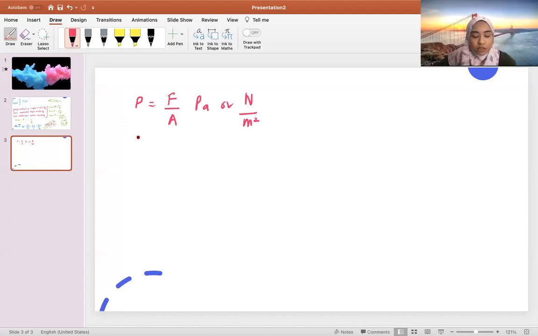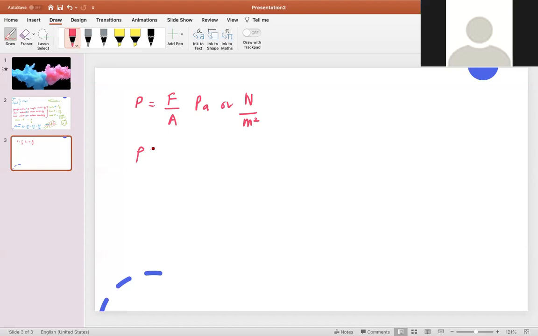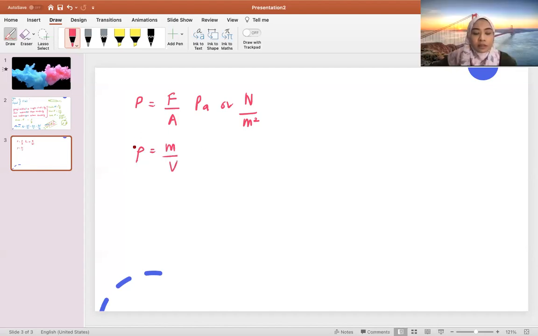What is the equation for density? Rho is equal to M over volume, mass over volume, and the unit is kilogram over meter cube. Okay, what else? The difference in pressure, P1 minus P2, or was it P2 minus P1?